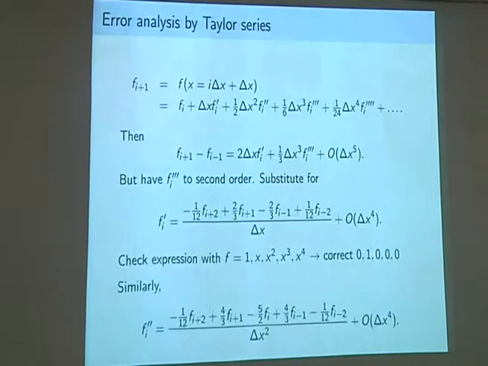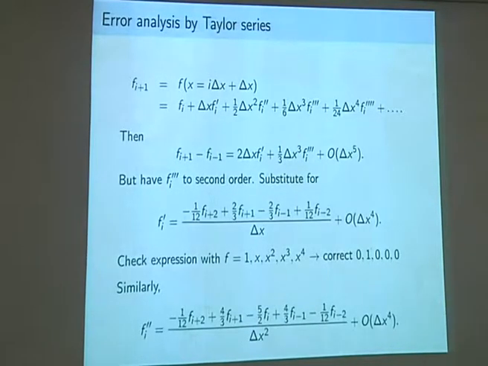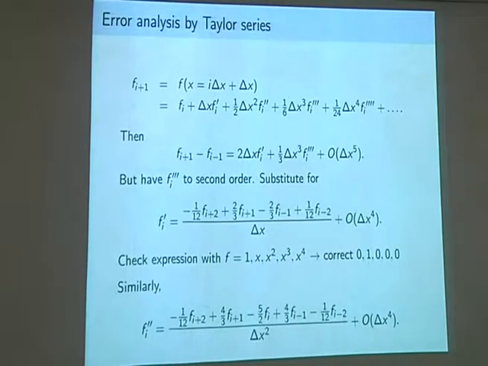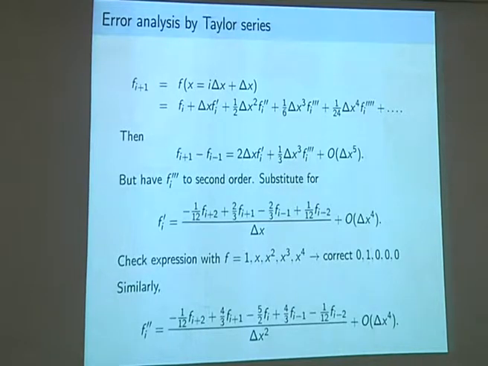And you end up with an expression for the second derivative which involves not only the point and the point in front and the point behind, but 2 in front and 2 behind, and some horrible, complicated coefficients. There must be a general formula for these coefficients, but I don't know what it is.